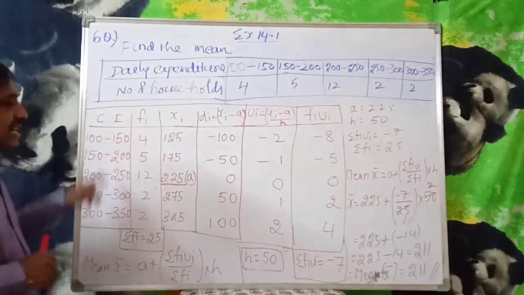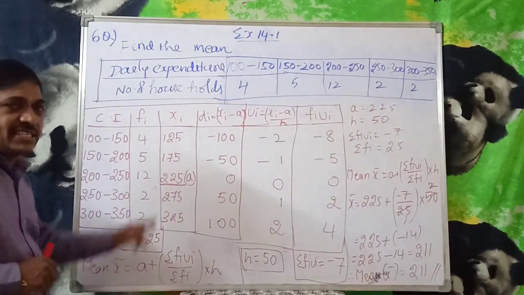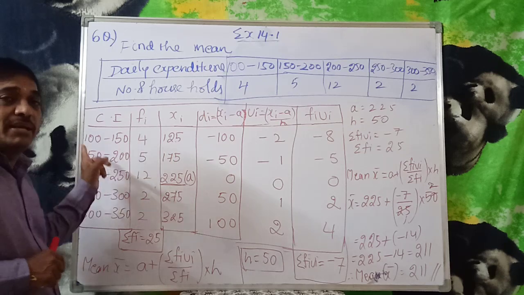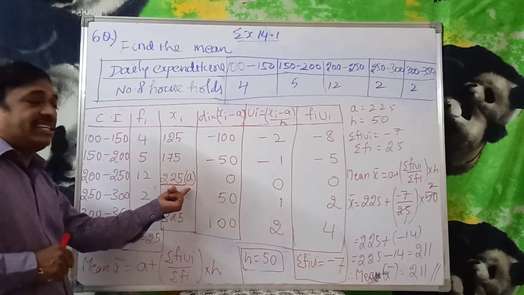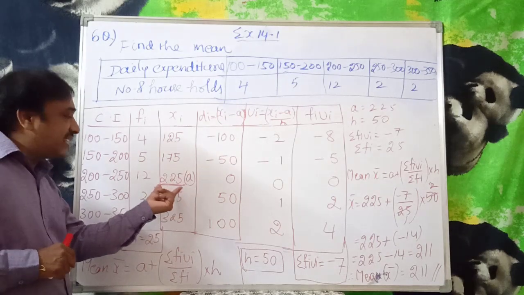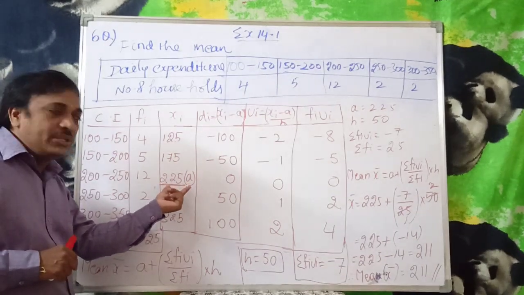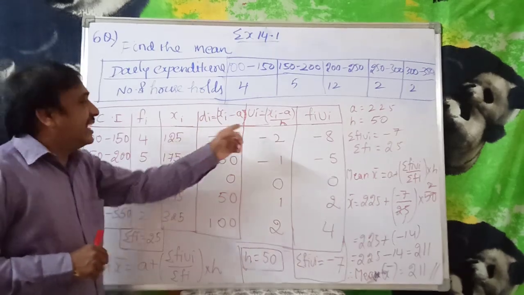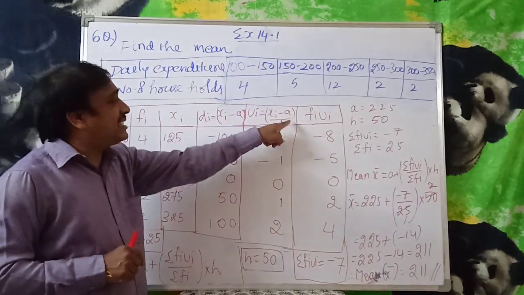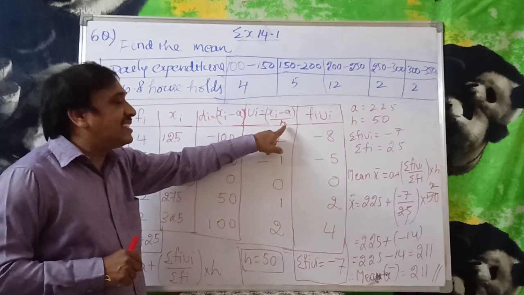What we are doing: class intervals, frequencies, then class mark, which is lower limit plus upper limit by 2, then Di. Among the class marks we are taking one A value. Then Xi minus A, that is Di. Then Ui is equal to Xi minus A by H, where H is the class size.